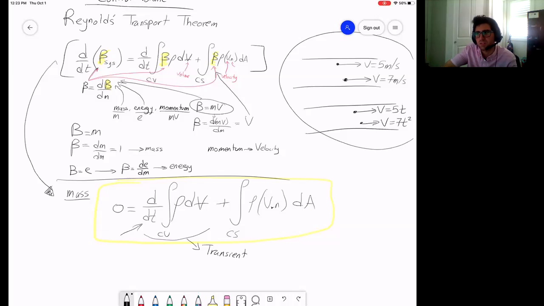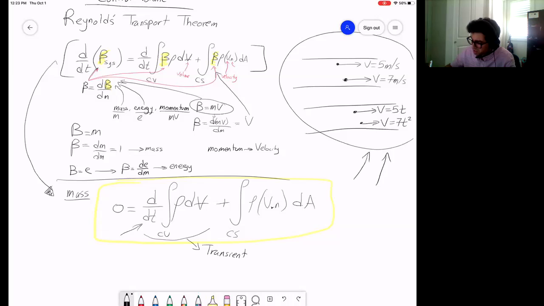Most of the time, because some problems will deal with transient state. Okay, good.